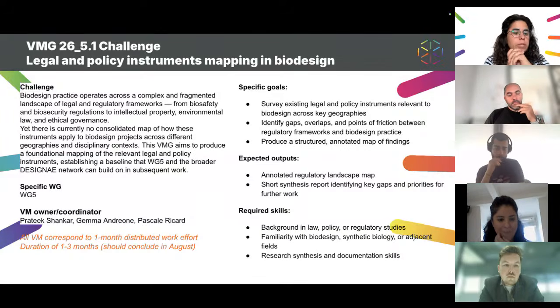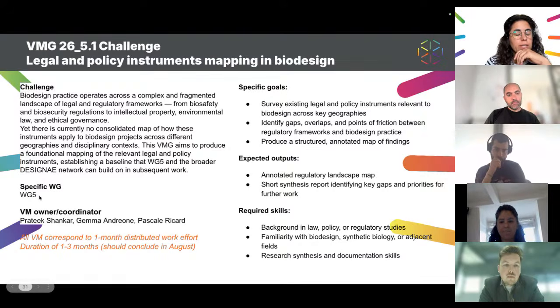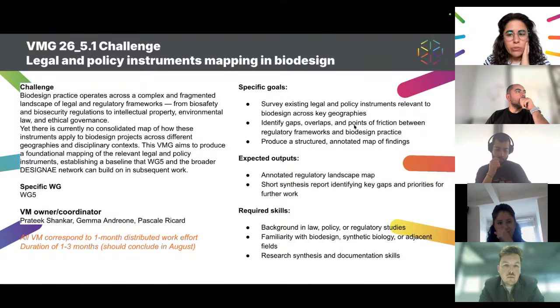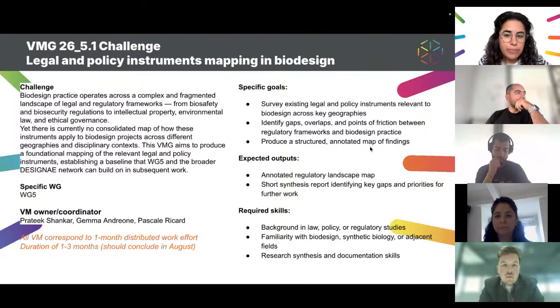Another challenge specific to Workgroup 5. So Workgroup 5 is dedicated to roadmap, ethics and regulations in biodesign. And what is intended here is to collect existing legal and policy instruments relevant to biodesign across key geographies. So identify gaps, overlaps, points of friction between regulatory frameworks and biodesign practices, and produce a map.